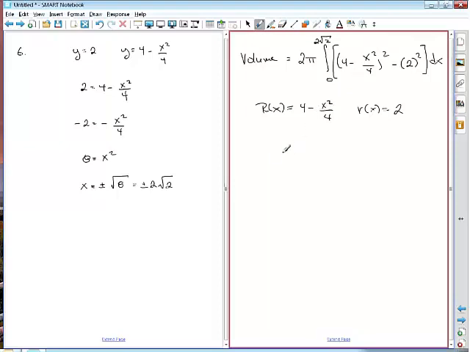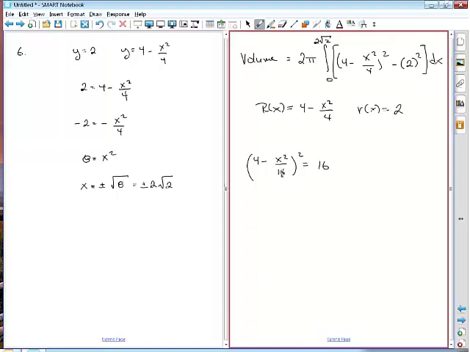So if we multiply this out, 4 minus x squared over 4 quantity squared, do it the 2 ways, the mental way and the longer way. So mentally, when you have a perfect square like this, you square the first term. You take this times that, which would be 4 times negative x squared over 4.